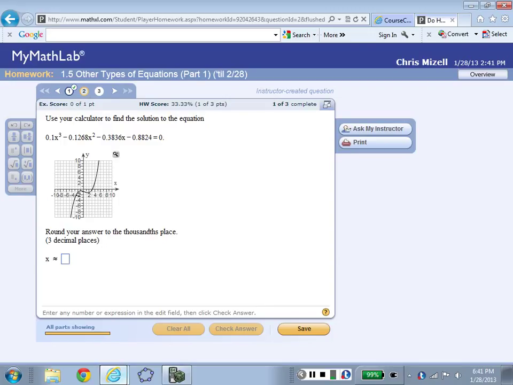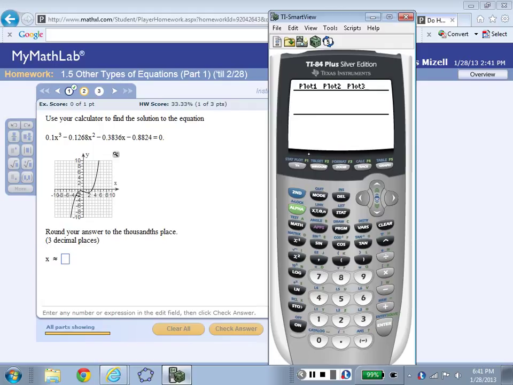Oh, I'm on problem 2. Okay. Use your calculator to find the solution. Here goes. See, it doesn't change it that much.